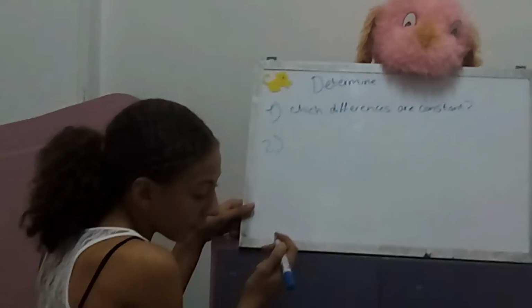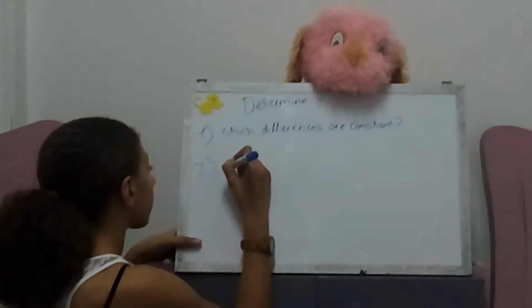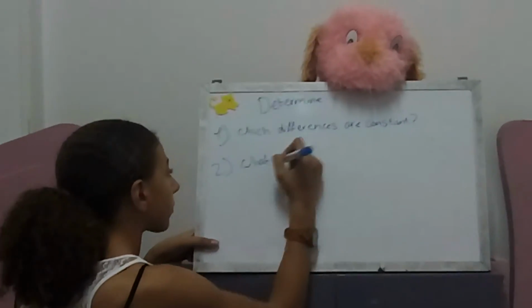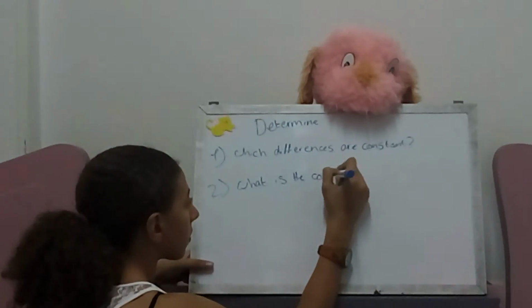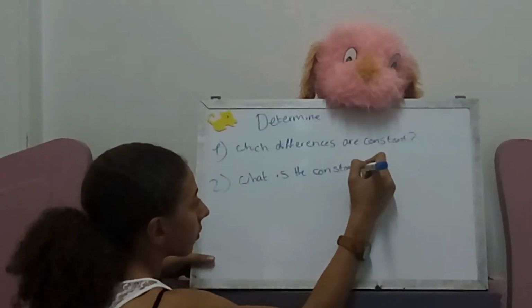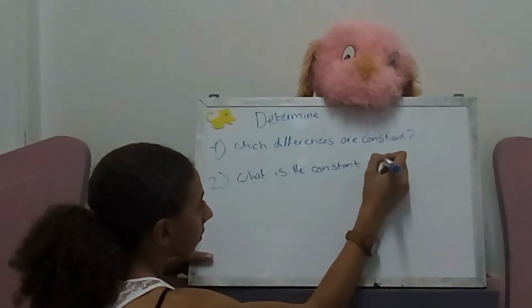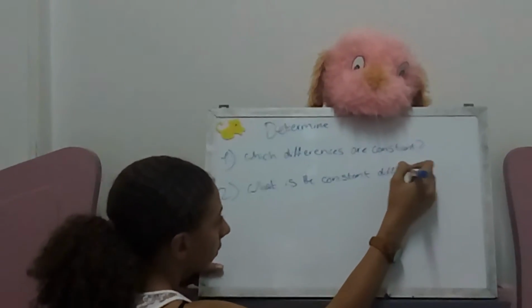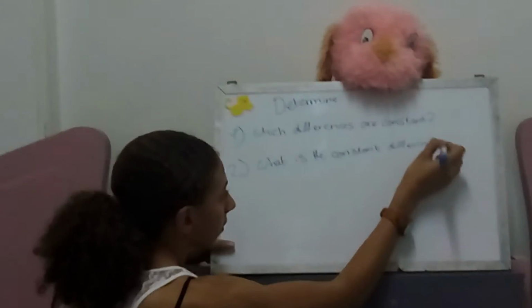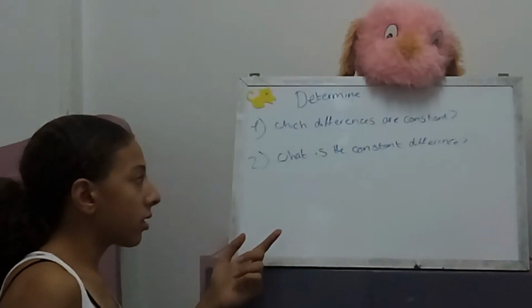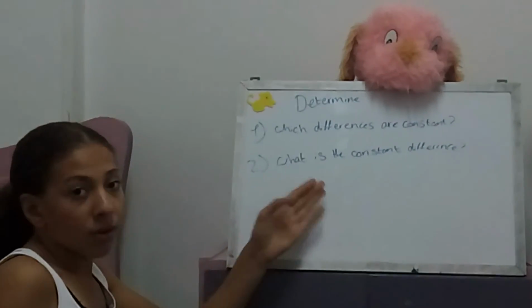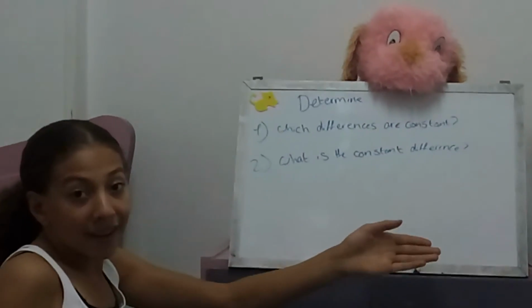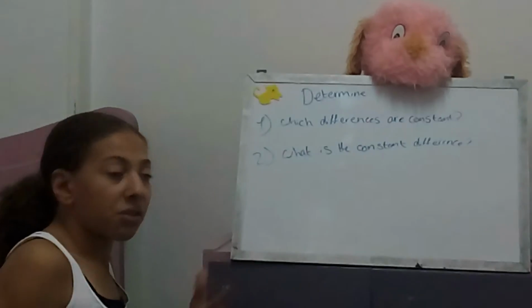Okay? The second thing, what is the constant difference? Okay? Like for example, is it adding 2, subtracting 7, multiplying the 3, dividing the 2?